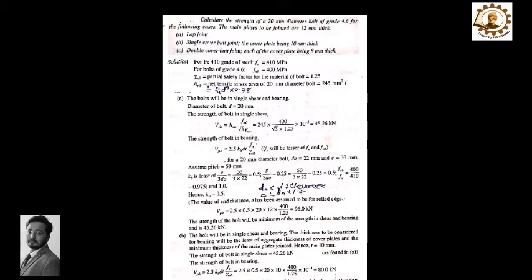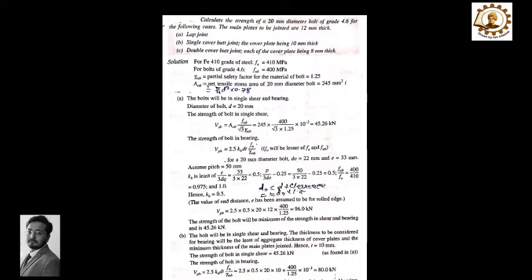If we consider it in Newton, the value will be very big. That's why we have to multiply by 10 to the power minus 3 to convert the value from Newton to kilonewton. Now the VDSB, that means the design strength in single shear, will be 45.26 kilonewton.